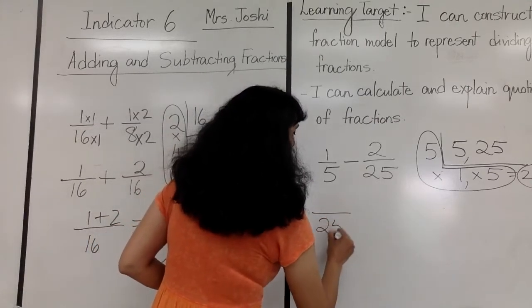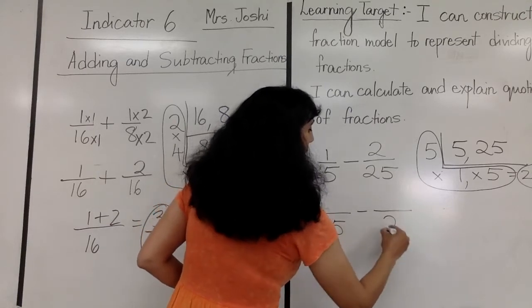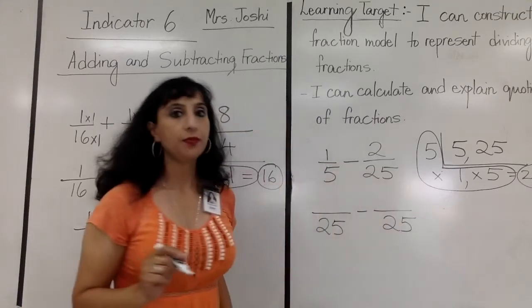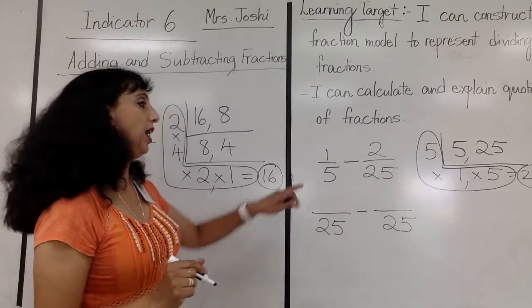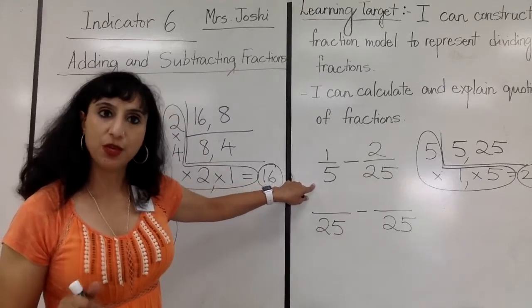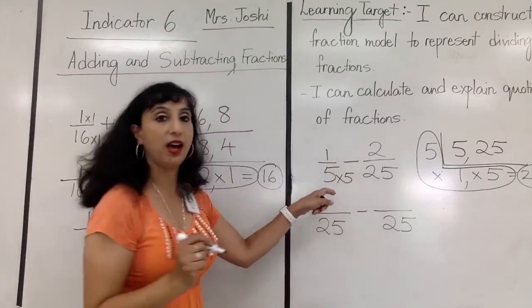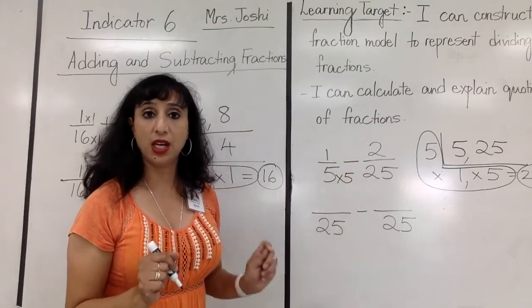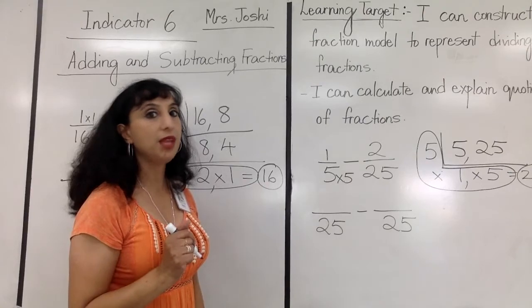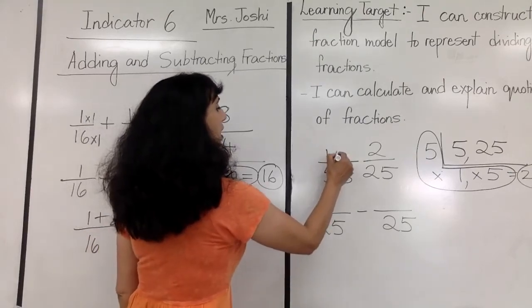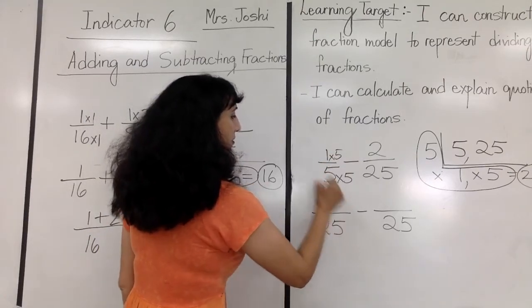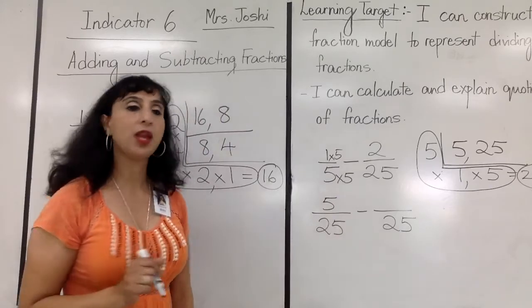So I'm going to write 25 now under both the fractions. And then I'm going to see, okay, 5 times what gives me 25? So if I do 5 times 5, I get 25. Whatever I do to the denominator, I have to do the same thing to the numerator. So times 5, and I get 5 times 1 is 5 here.